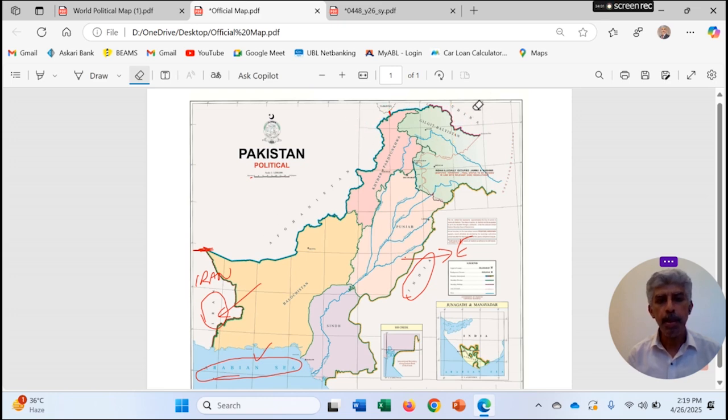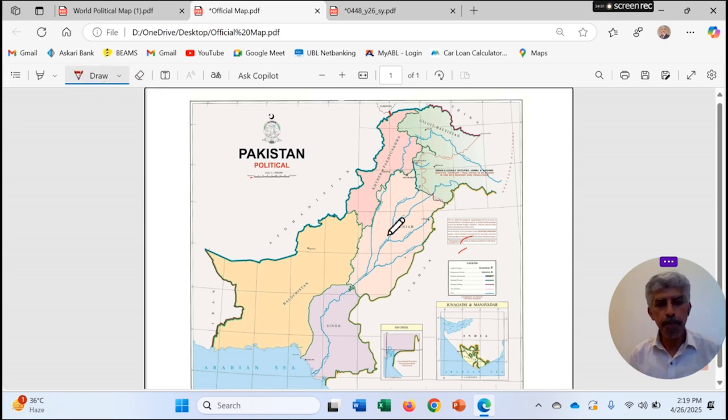Now the administrative divisions. So you can see the different colors of provinces given over here on the map. This one is Punjab, the peach color. Yellow one is Balochistan. This light purple color is Sindh province, and this pink one is KP, Khyber Pakhtunkhwa.